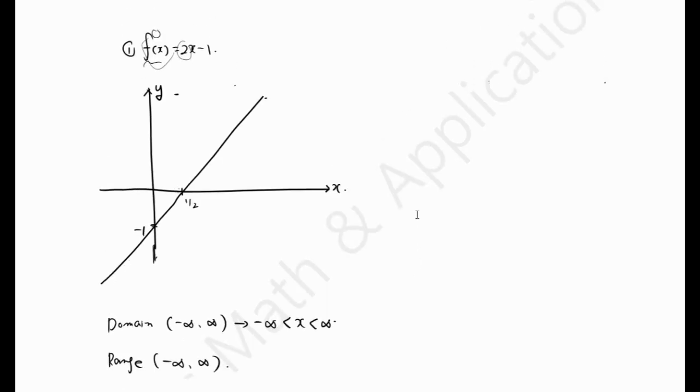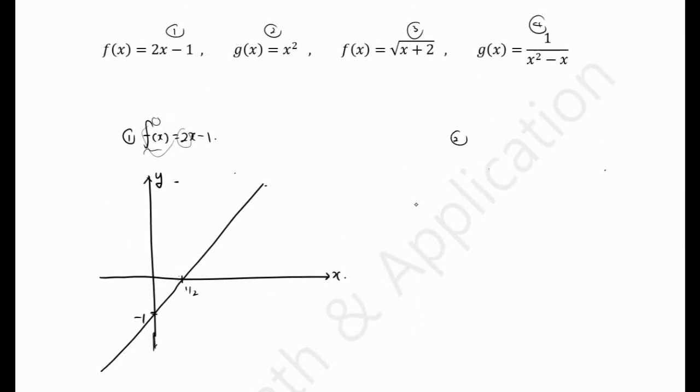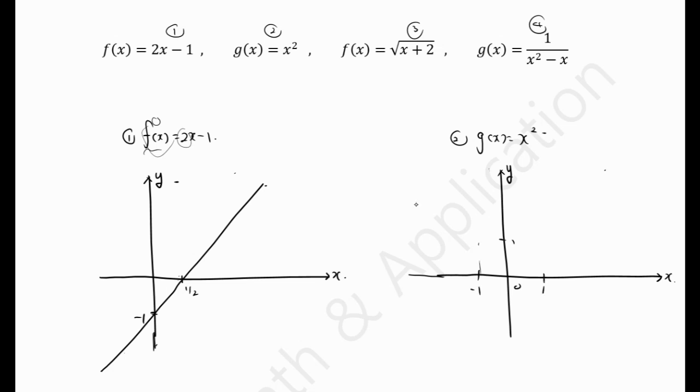So the second graph is g(x) is x squared. The horizontal axis is the independent variable, and the vertical axis represents the dependent variable. So this is minus 1, 1, 1.